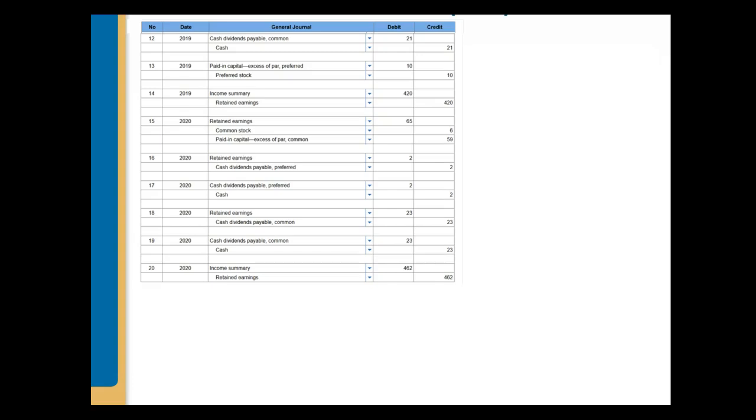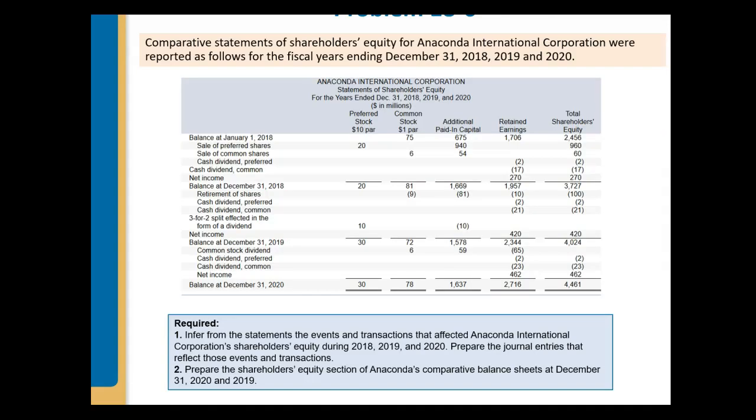Then let's look at 2020. In 2020, we had a common stock dividend, a cash dividend for preferred, and a cash dividend for common.